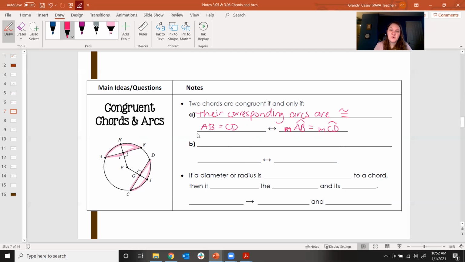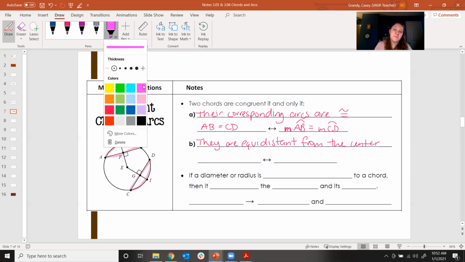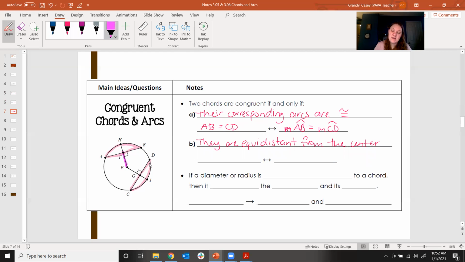Another way that those chords are congruent is if they are equidistant from the center. So the center of my circle here is E. So if EF and EG are congruent, then these chords will be congruent.